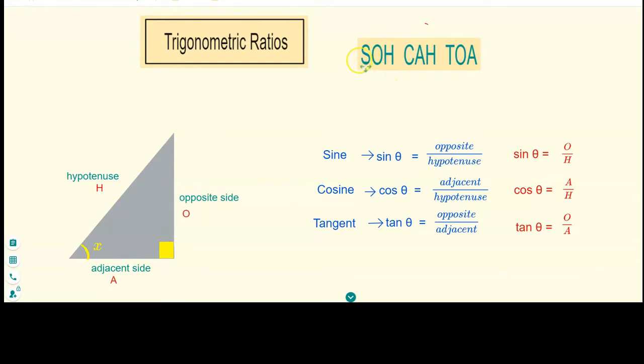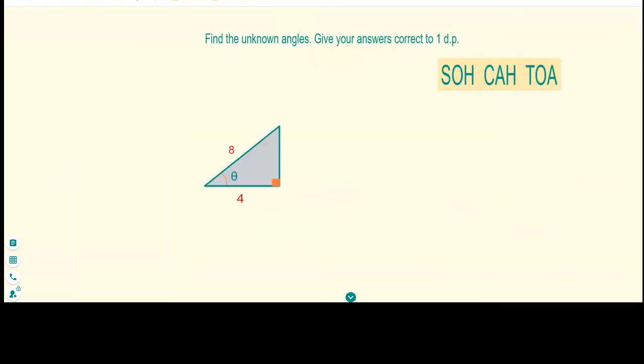So SOH for sine is equal to opposite over hypotenuse. CAH for cosine is equal to adjacent over hypotenuse. And TOA for tangent is opposite over adjacent. So let's use these ratios to find unknown angles in this video.